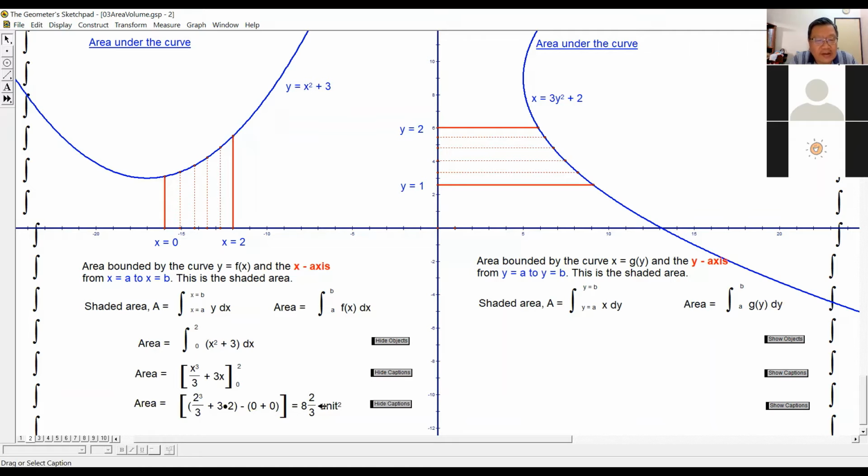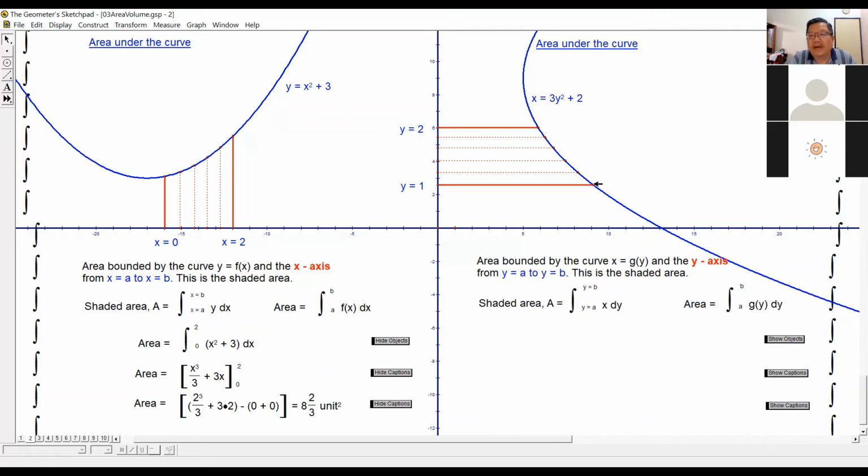So the area is 8 and 2/3 unit square or square unit. Any question? No question. Okay, no question.